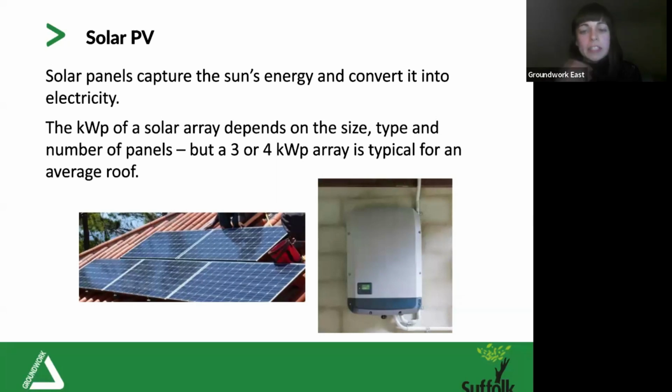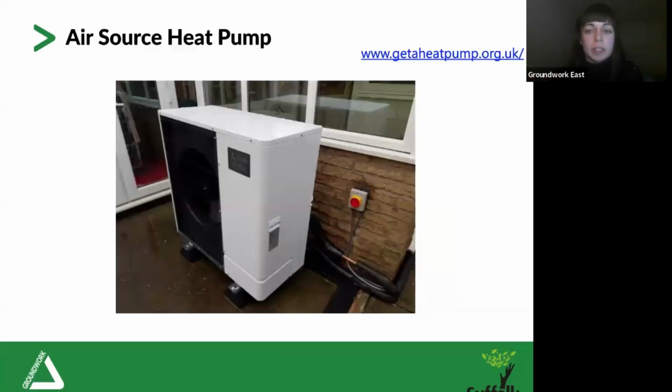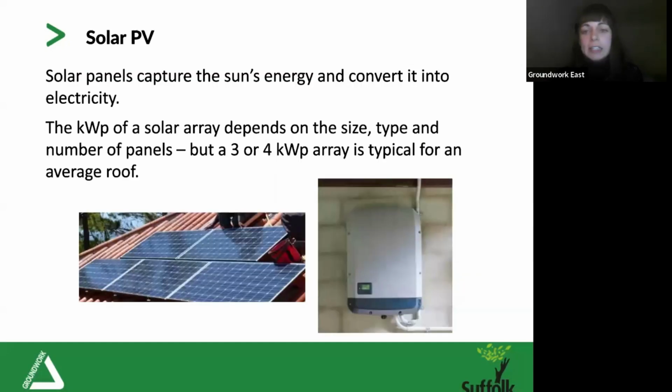Obviously with solar PVs, we want to maximize the energy that's generated, and make sure that when it's generating energy during the daytime, we're running all of our higher energy appliances like washing machines and dishwashers, for example, and using that energy.